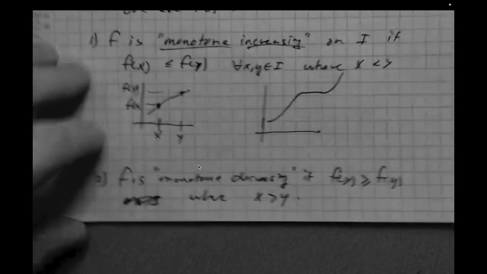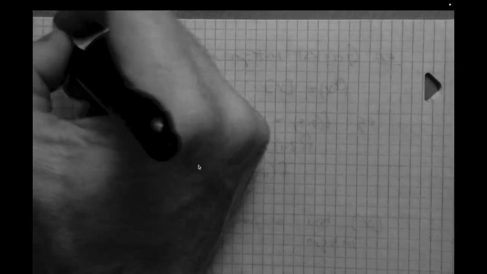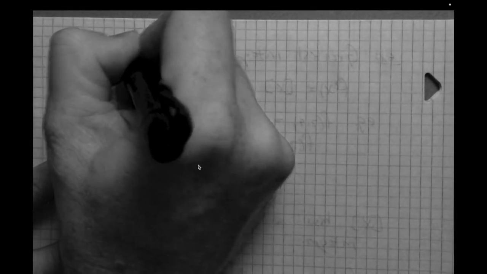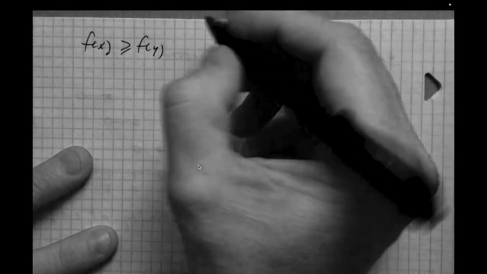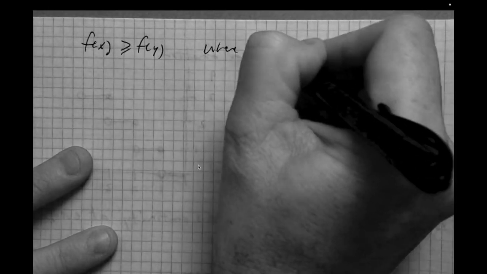Okay, let's draw that out and make sure that makes sense. Here we're saying that f of x is greater than or equal to f of y, where x is greater than y.